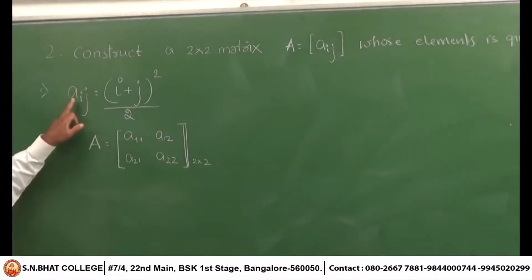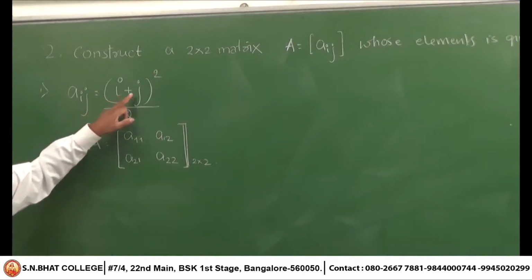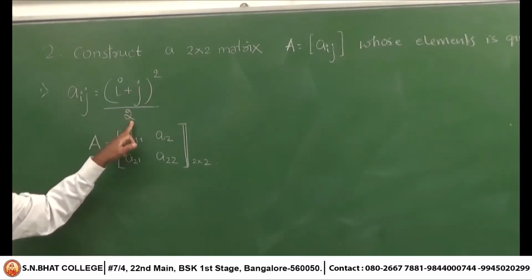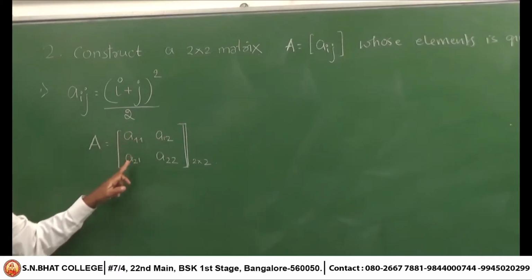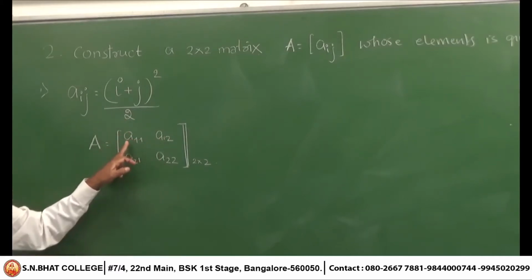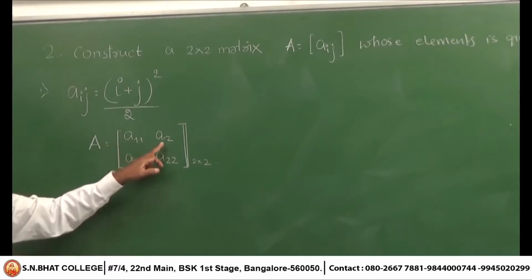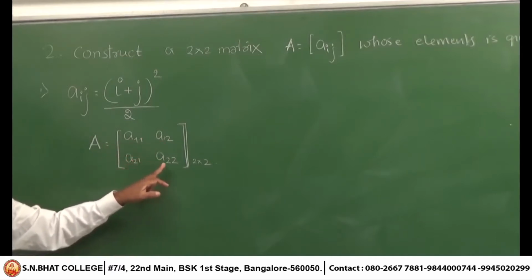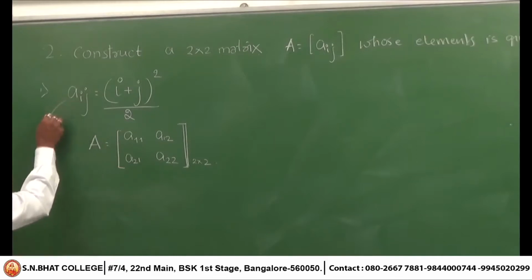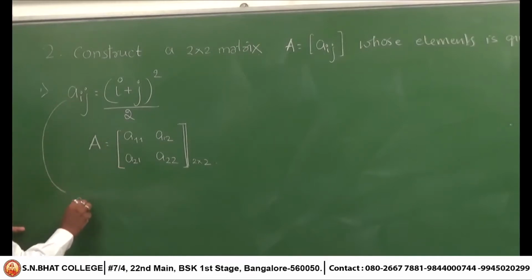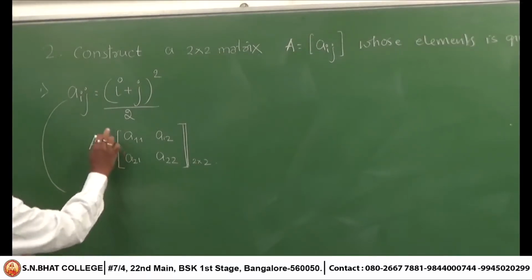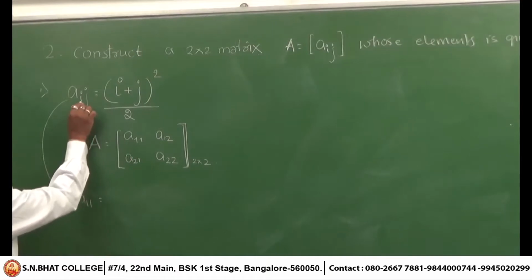See, here in this problem Aij is given. Aij is I plus j whole square by 2. I have to calculate all these 4 elements: A11, A12, A21, A22. From this one, A11: you have to replace I by 1, J by 1.